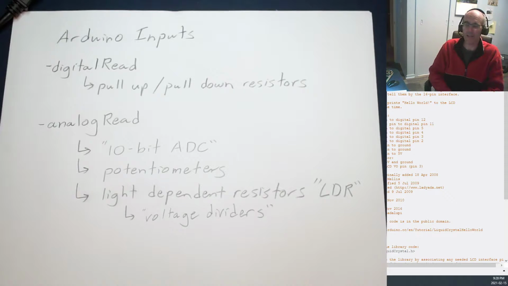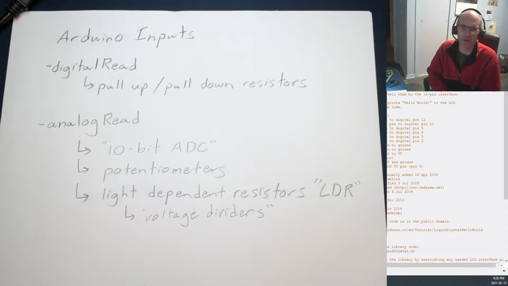In the last few lessons, we've been taking a look at how to get information out of your Arduino, and we call those outputs. So our LEDs were outputs, and we use the digital write command to send information out to them. And then we hooked up our serial print commands, and we used a print command to send data to the computer down a serial data line.